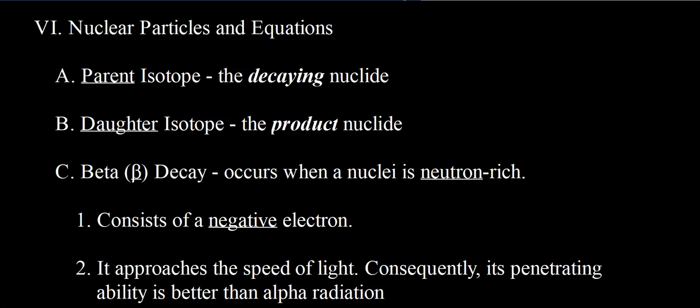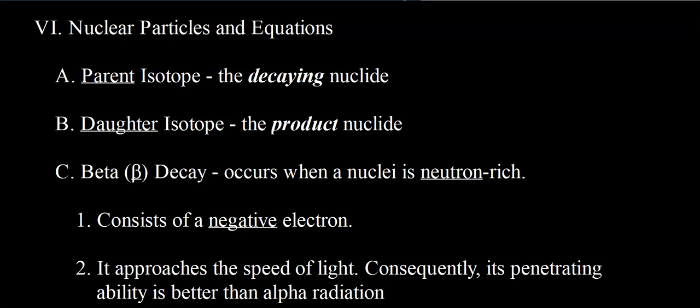Now, these beta particles are able to travel very fast, so they approach the speed of light, and consequently, they're somewhat dangerous to us. So we talk about the dangers of the different types of radiation, often in terms of penetrating ability, so what types of materials they can pass through. So beta particles can easily pass through a sheet of paper.